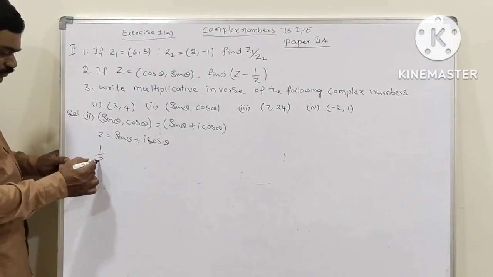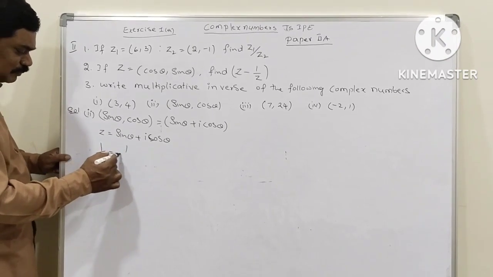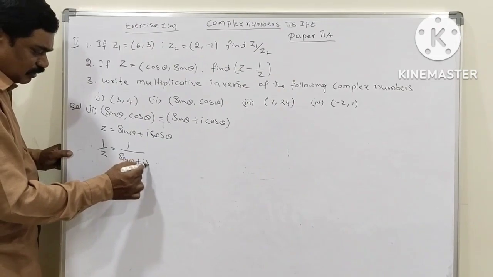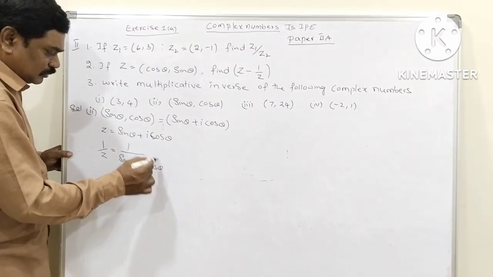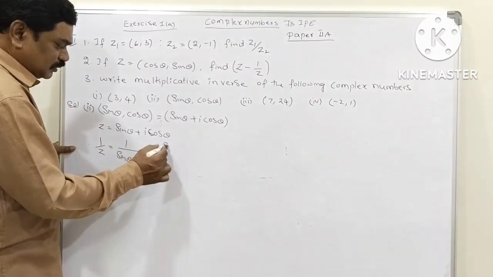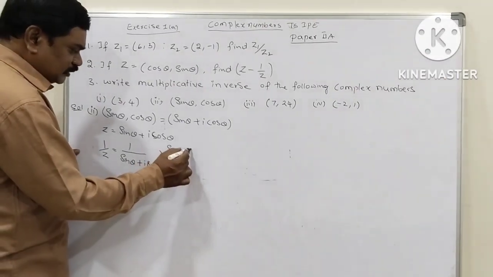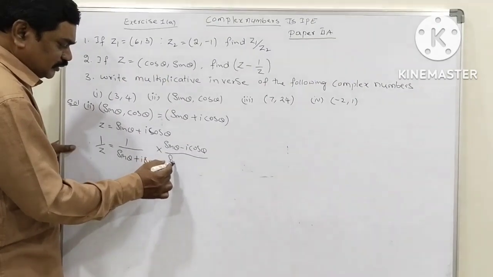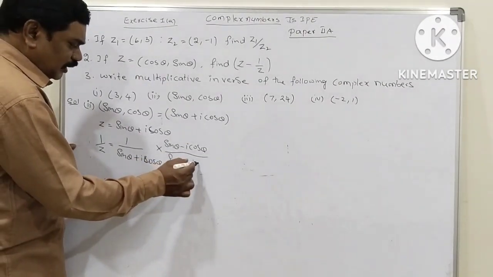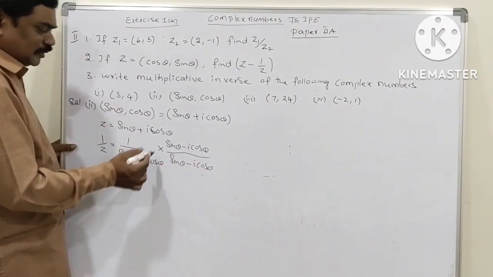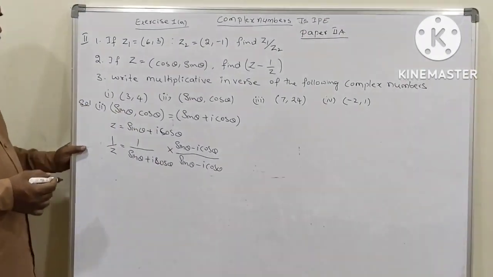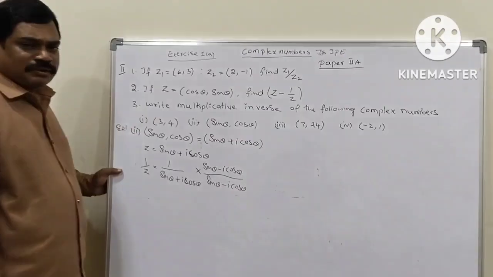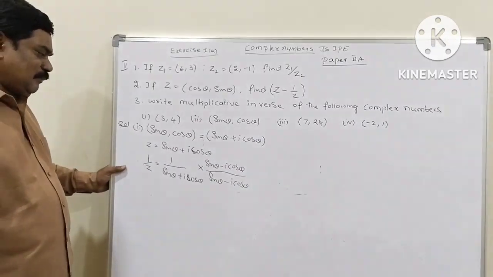Multiplicative inverse 1 by z is equal to 1 by (sin theta plus i cos theta). So you have to multiply with sin theta minus i cos theta, and divide with sin theta minus i cos theta.